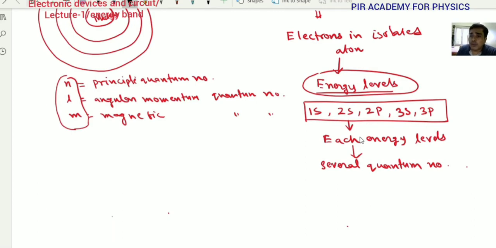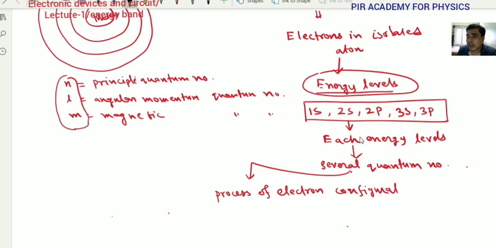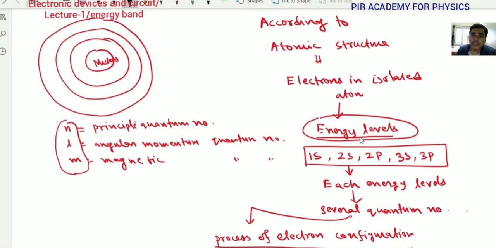Now you have to know the process of electron configuration, that means how the electrons are distributed through these energy levels.